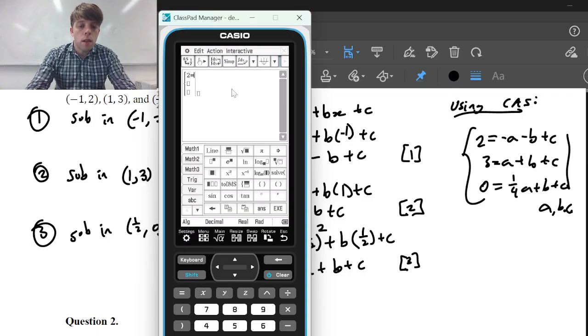So we have 2 is equal to -a minus b plus c, 3 is equal to a plus b plus c, and 0 is equal to 1 on 4 a plus b plus c. Solving for a, b, and c, hit enter. There are the potential values.